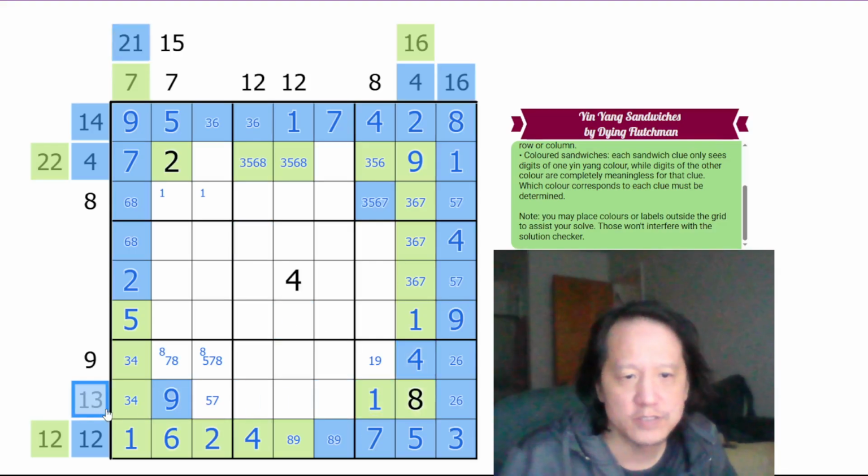Okay, this has to be blue in between the 9. We are guaranteed at least 1 blue here. It has to be blue in between.